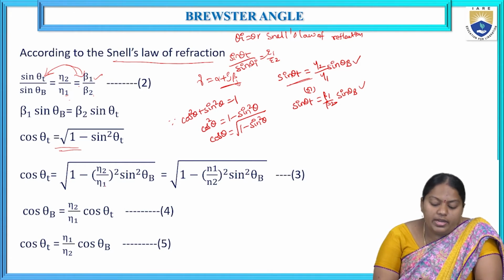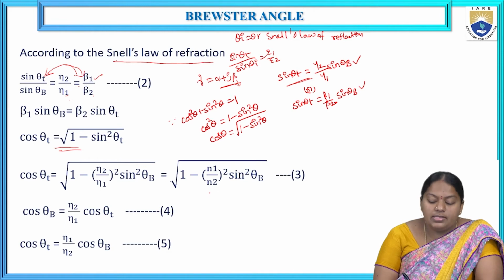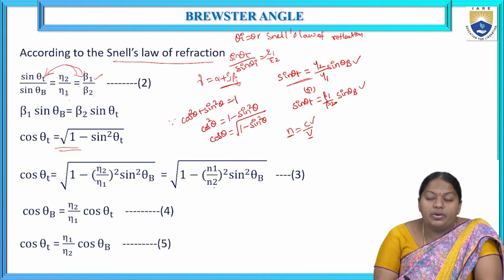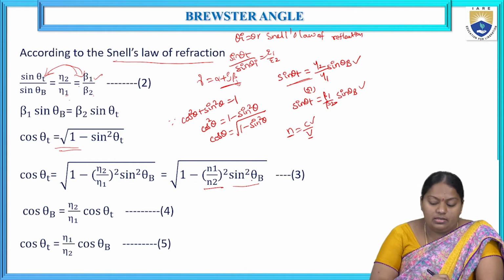Eta 2 by eta 1 is given here by n1 by n2, where n1 and n2 are the two refractive indices, and n is given by c by v, where the index of refraction is represented with n, c is the velocity of light in free space and v is the velocity in the particular medium. Right? So now replace eta 2 by eta 1 whole square with n1 by n2. Hence it becomes root over 1 minus n1 by n2 whole square into sin square theta b.